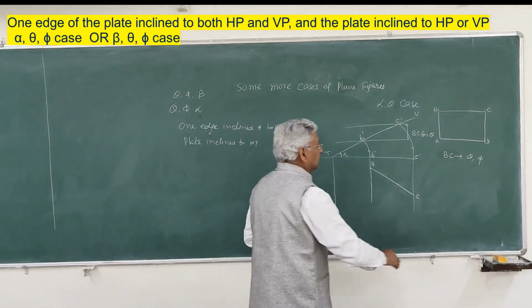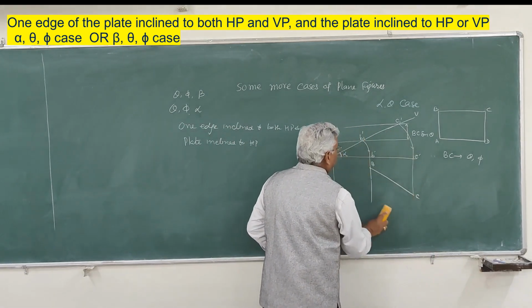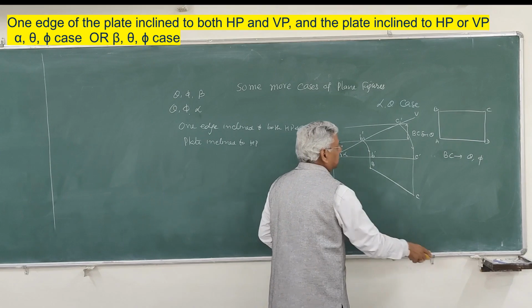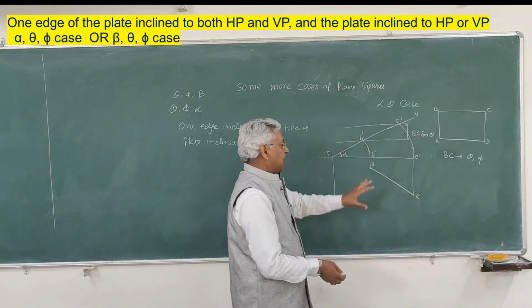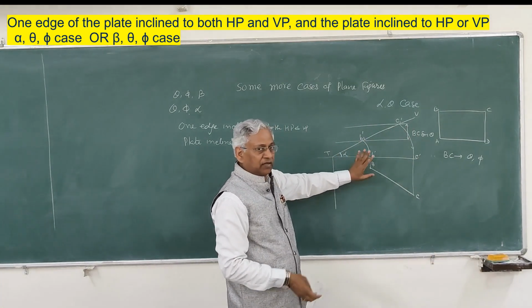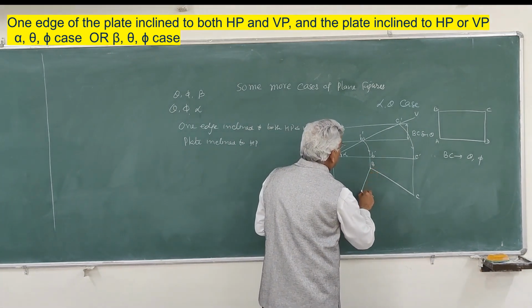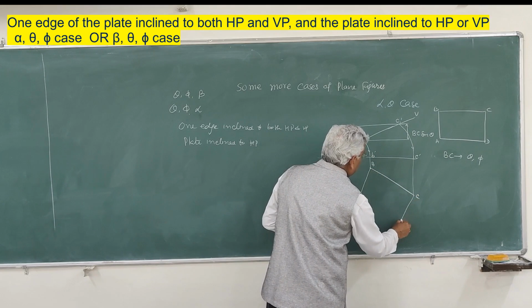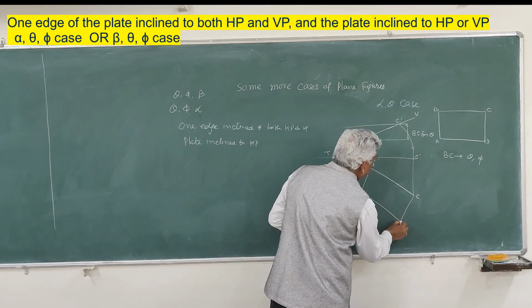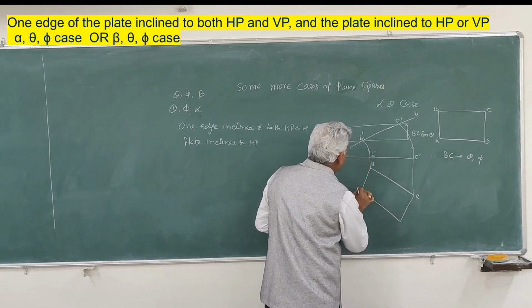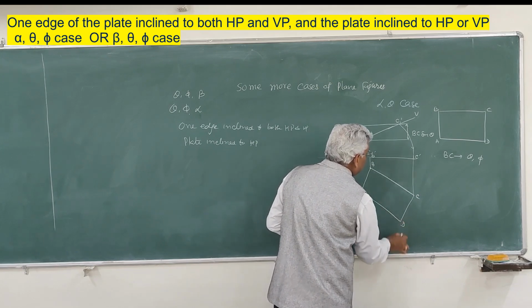So take the true length. The plan of B you can take anywhere. If the plan of B is given in the question, you can take that, otherwise you can take it anywhere. And complete the rectangle A, B, C, D.